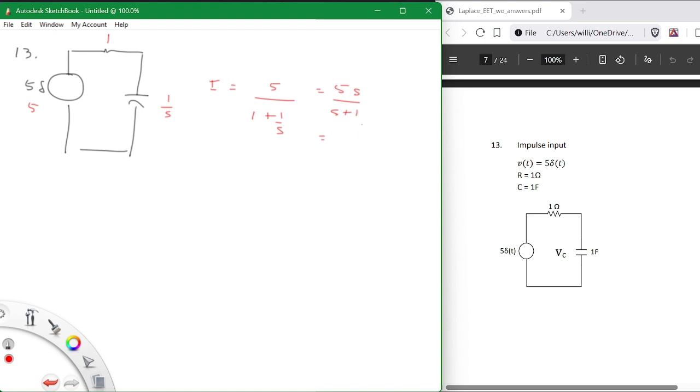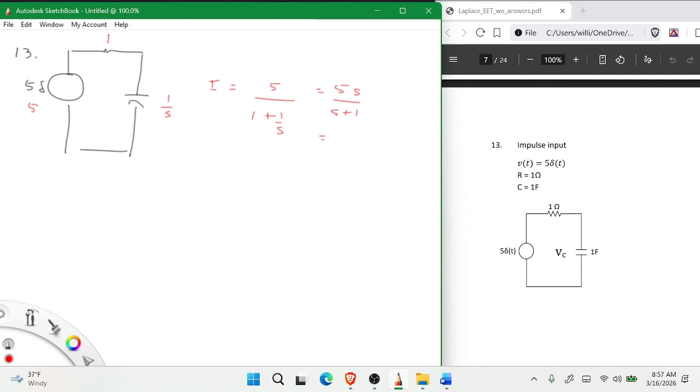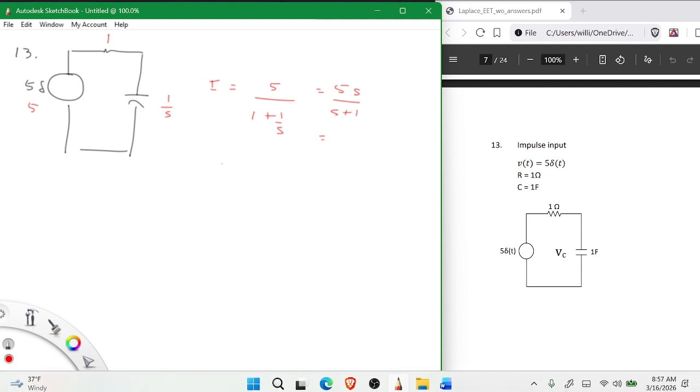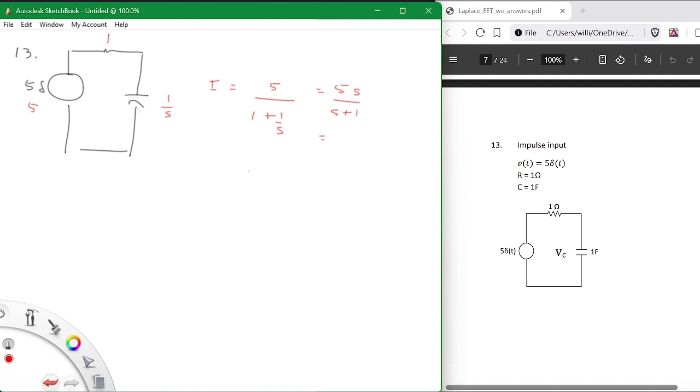Is there such a thing? Do you find anything on your sheet that does that, that says that? The answer is no. Okay, so what do you do? You have to revert to old style long division.